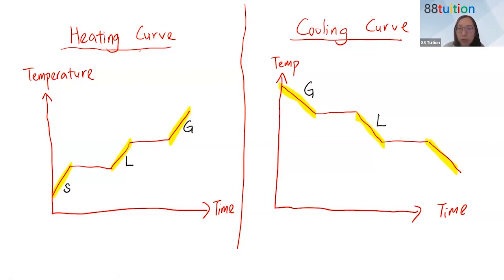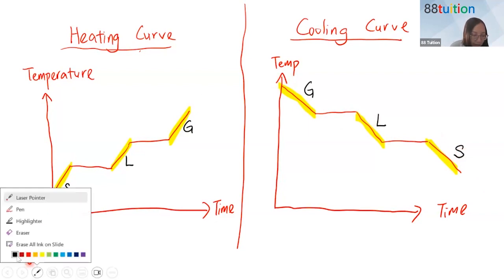Liquid, we cool down further, it becomes solid. So is everybody clear? It's the opposite. Look at my laser pointer. This is the solid slope, this is the liquid slope, this is the gas slope, because the temperature is going up. Here, the temperature is going down. So this one, you must start with gas. Gas cools down, becomes liquid. Liquid cools down, becomes solid. Is everybody clear? The 3 slopes first.